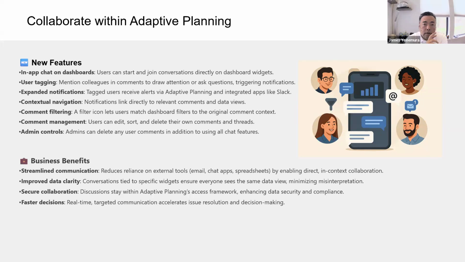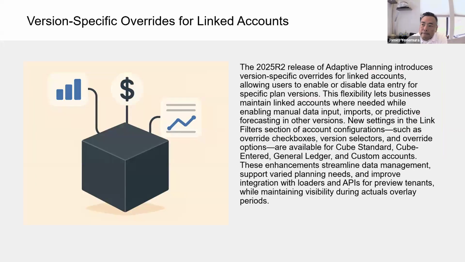So it will help you with collaboration amongst team members in Adaptive. Pretty excited about this. We'll see how much real functionality there is in there, but looking forward to seeing how that works and how our clients utilize that.